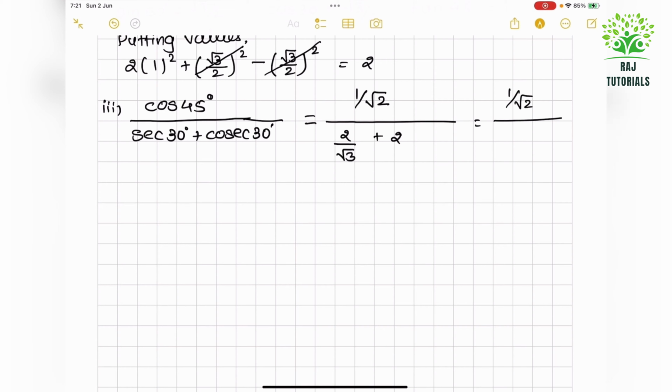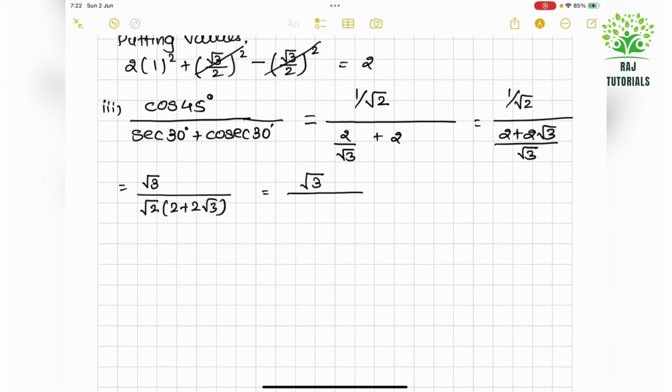So this will be 1 by root 2 whole upon 2 plus 2 root 3 by root 3. I have just done the LCM. Now denominator will go in numerator, so root 3 upon root 2 into 2 plus 2 root 3.